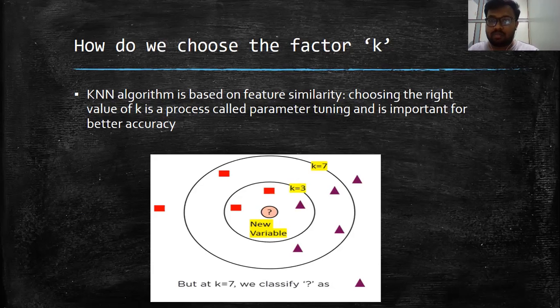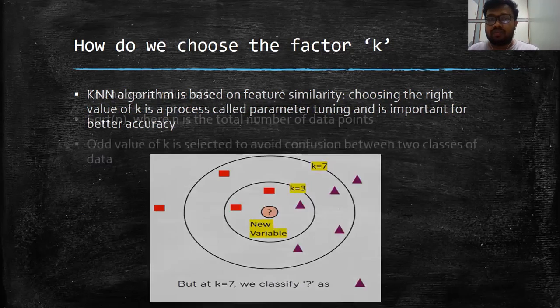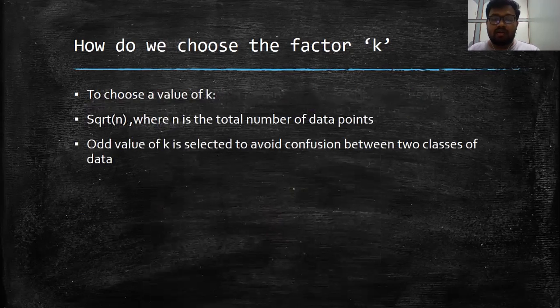So there are 9 data points, and the square root of 9 is 3. So here you can take K equal to 3 and you can get your answer. Generally we take an odd value of K to avoid confusion between two classes of data. When you take the square root of n, if it comes out to be even, then you add 1 or subtract 1 from it, and you are good to go.